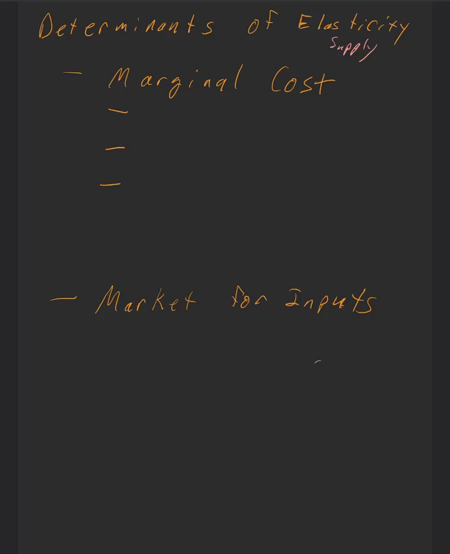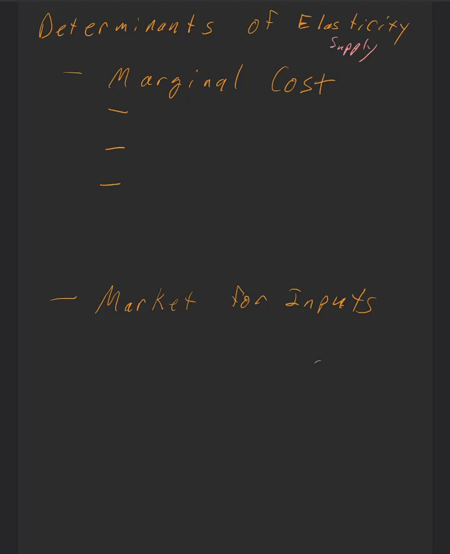Okay? So in a scenario where it doesn't increase the cost to produce more, then you will produce more. You'll be very sensitive to the price. If by producing more you raise your costs very quickly, then you will respond less to price. Price changes have to be bigger to induce you to produce more.